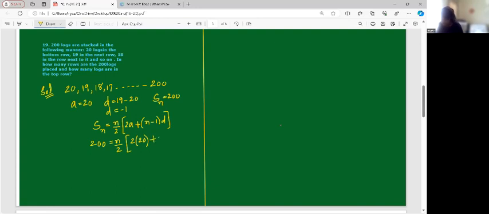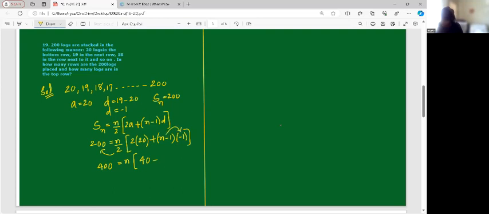So write it as it is, and the difference is minus 1. We multiply this to this side.